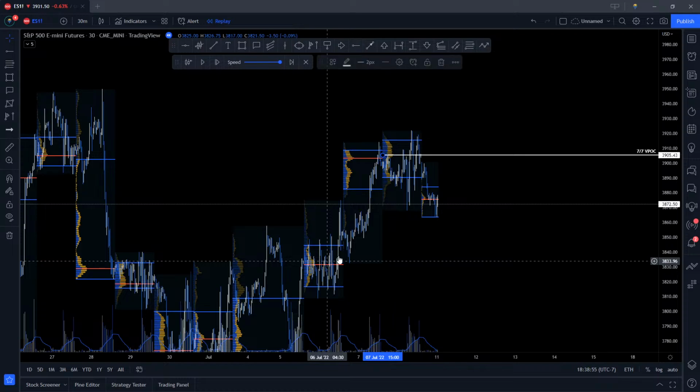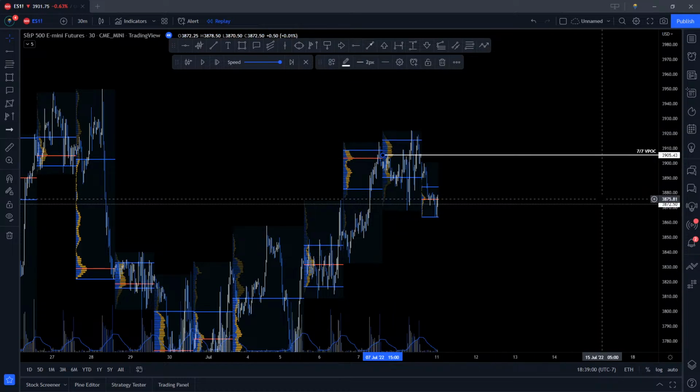POC. And so this I haven't spoke about yet, but there's a distinction between the POC and the virgin POC.